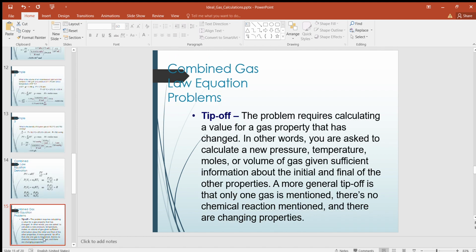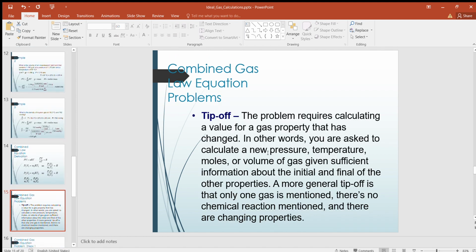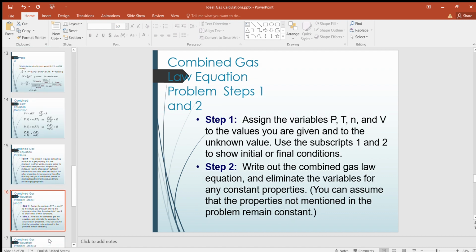Now for a combined gas problem, the tip is that you have to ask for the new pressure, temperature, moles or volume of gas, initial and final. The tip is that only one gas is mentioned, so there is no chemical change, just changing properties. In step 1, we have to assign the variables, that is P, T, n and V, and use the subscripts 1 and 2 as we saw in this equation.